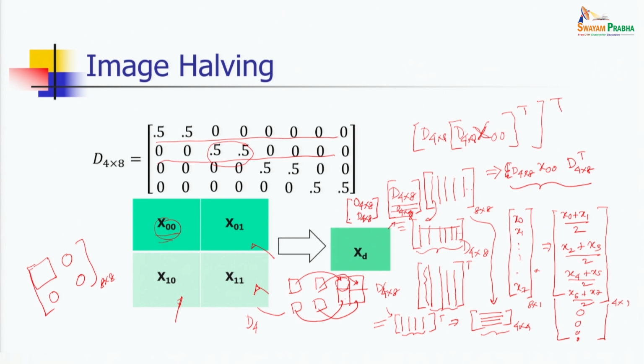For column operations, for row operations, I will be using this one. So it is not the same thing. For x 0 0, I am using this one. For x 0 1, for row operations, I will be using this one. So that would give me all zeros, but it will place the 4 cross 4 blocks here. In this way, I can play with these two, and finally I can add them.